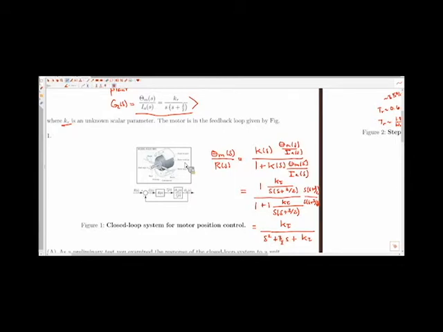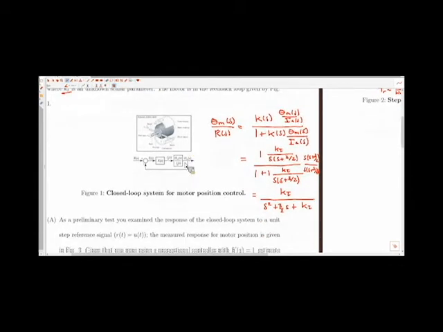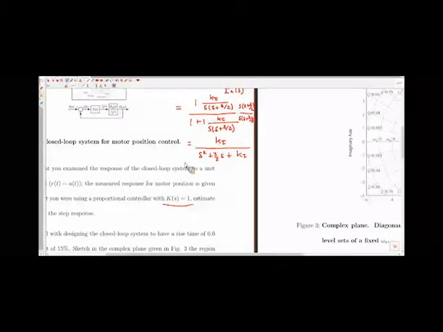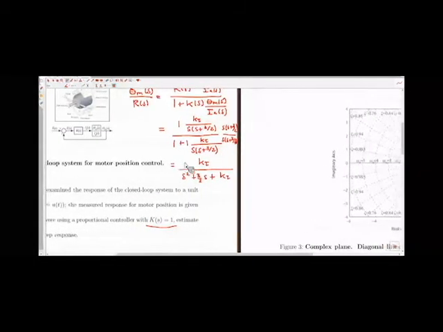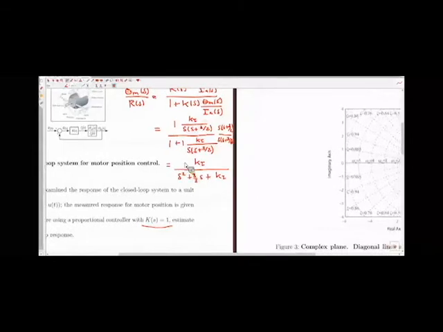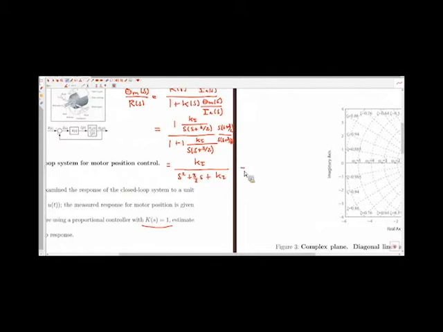Okay. So then matching this up, sorry, I'm spanning 2 pages here. I don't know if that's going to be confusing or not, but our prototypical second order underdamped system has this form.